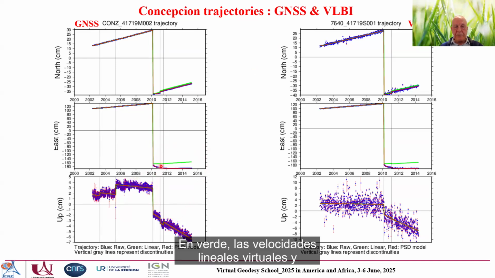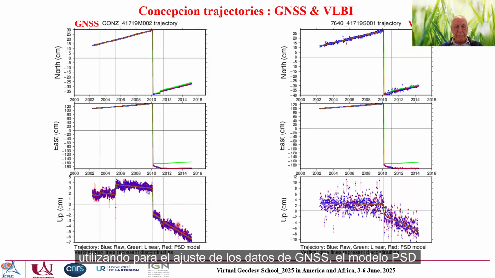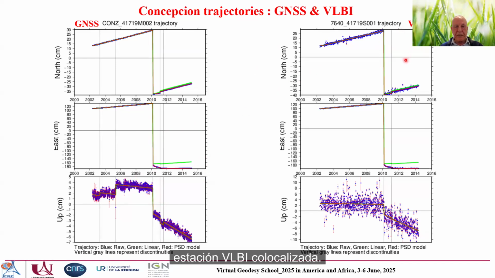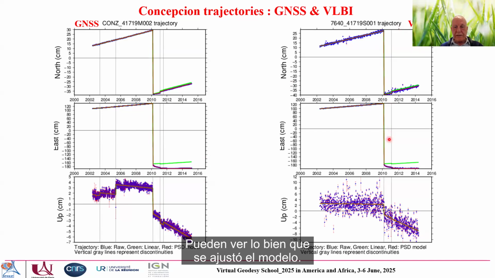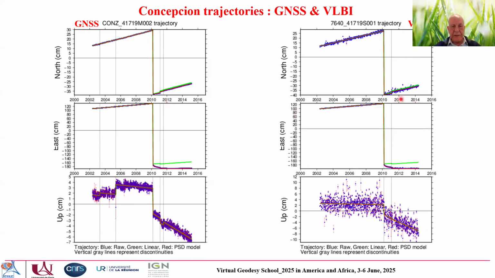In green, the virtual linear velocities that we adjust, together with in red, the parametric PSD model that we adjust using GNSS data. Then this adjusted model is applied to the time series of the co-located VLBI station. And you can see how nicely the model adjusted using GNSS data fits the VLBI station.